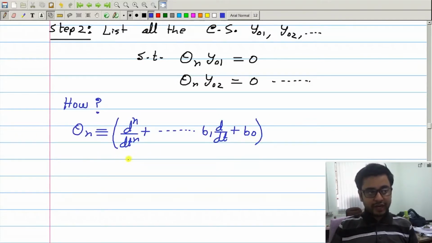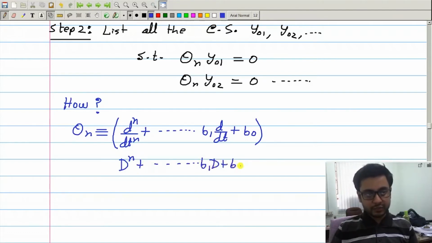To factorize, we will first write a polynomial D^n plus b1 D plus b0, and we will equate it to 0.